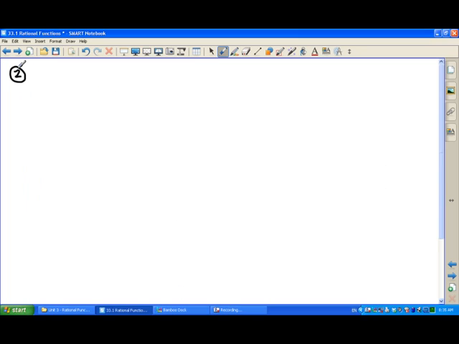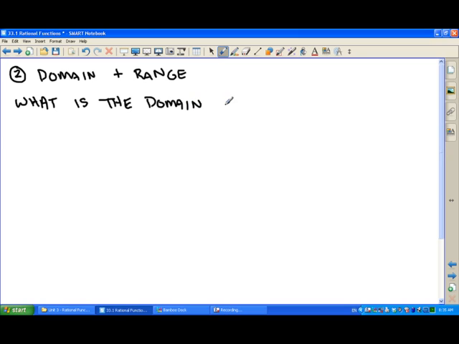Next we can think about domain and range. So let's find the domain of the function.